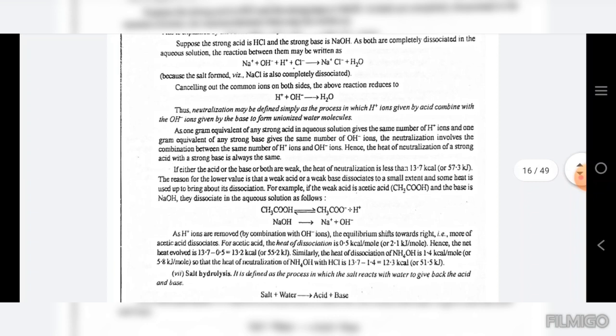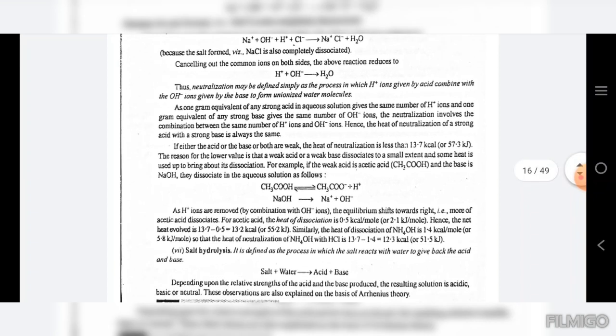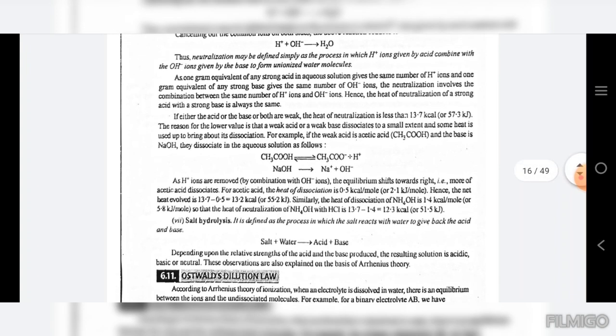The reaction between them may be written as: Cancelling out the common ions on both sides, the above reaction reduces to: Thus, neutralization may be defined simply as the process in which H+ ions given by the acid combine with the OH- ions given by the base to form unionized water molecules.